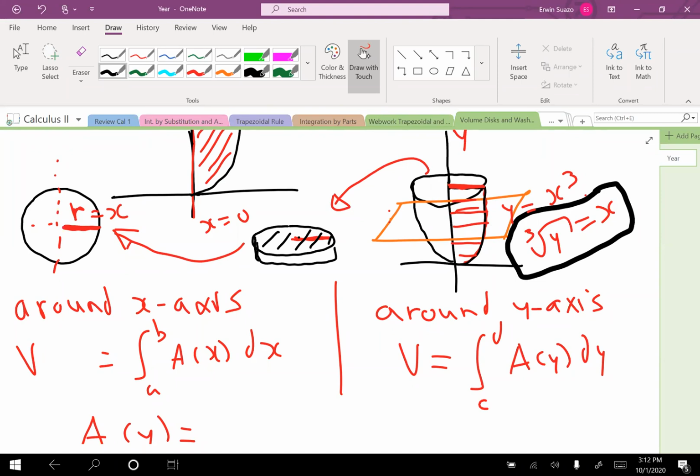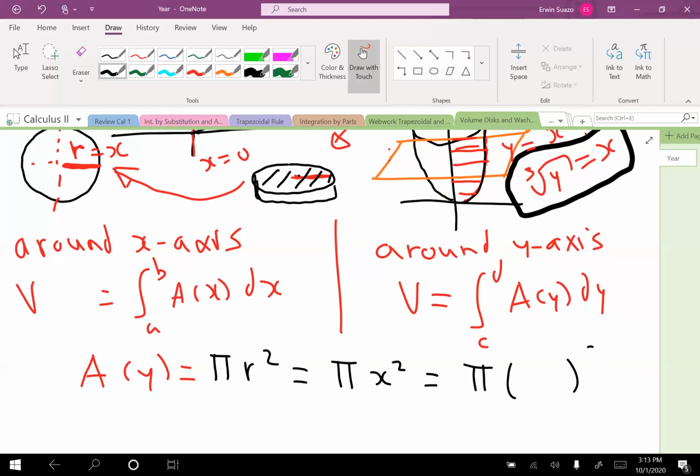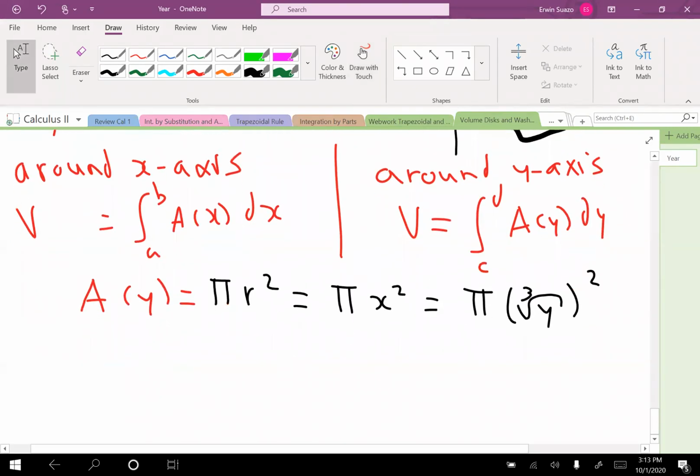Okay, so now that we know our radius, we can find our formula. A of y is pi r squared, but r is x, so pi x squared. In this case it is pi times the cube root of y, squared. So I get pi y to the 2/3.